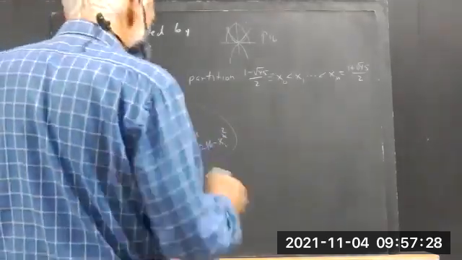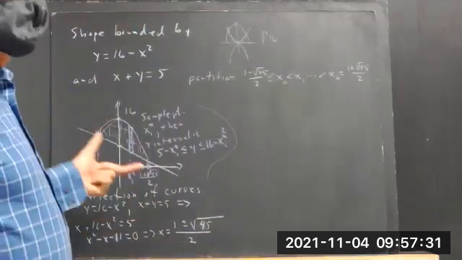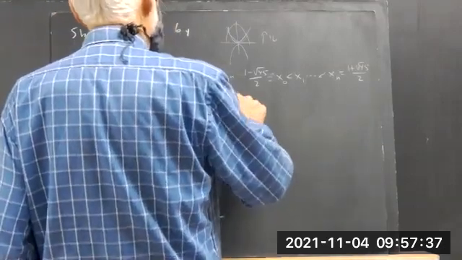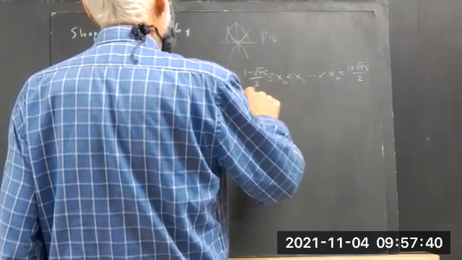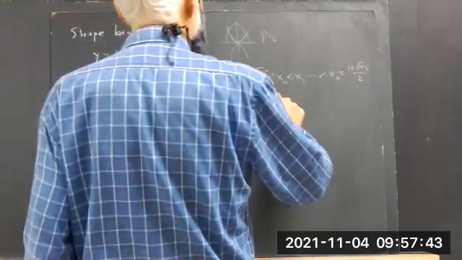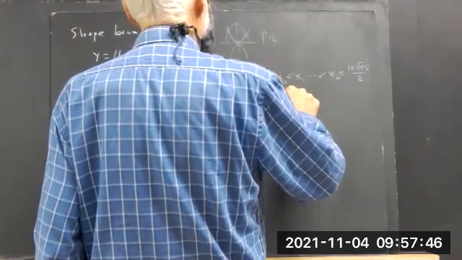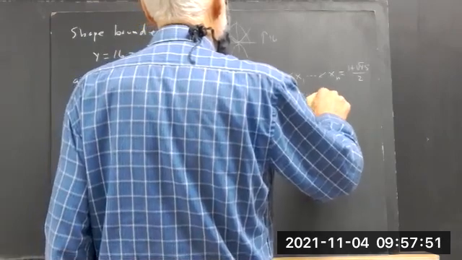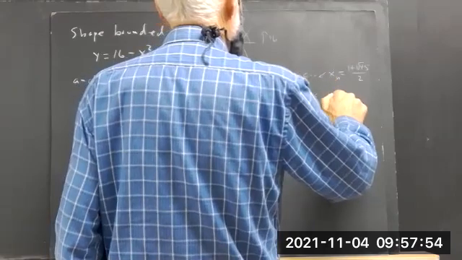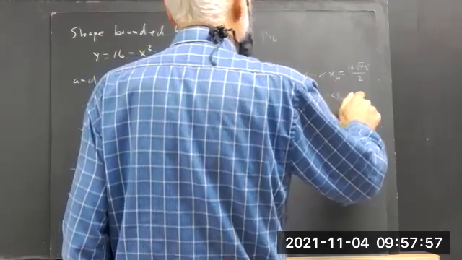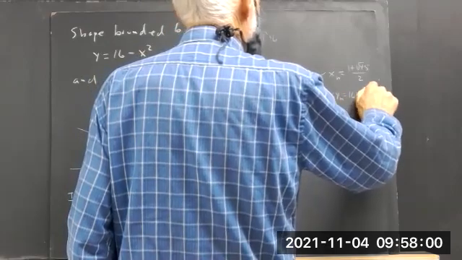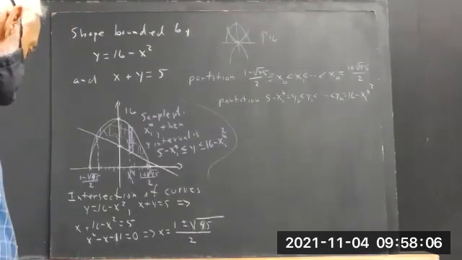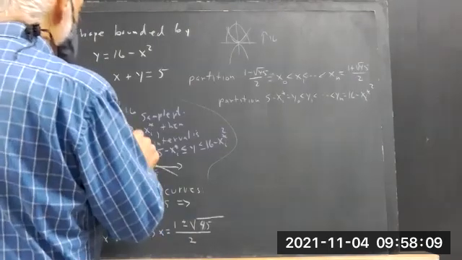But it's kind of always the same, it just has different functions. So then you partition, and once you've partitioned it, you have your typical interval.